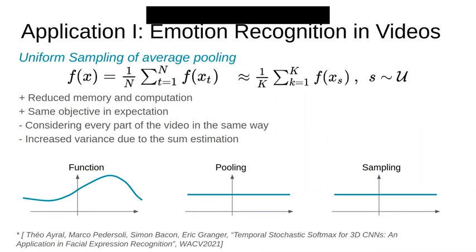But the drawback is that we are still giving the same importance to each part of the video. And we saw that if we are able to assign more importance to the discriminative parts of the video, we can improve the performance of the method. And also we have an increased variance due to the fact that we sample.